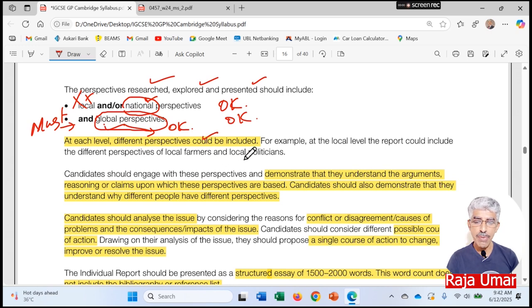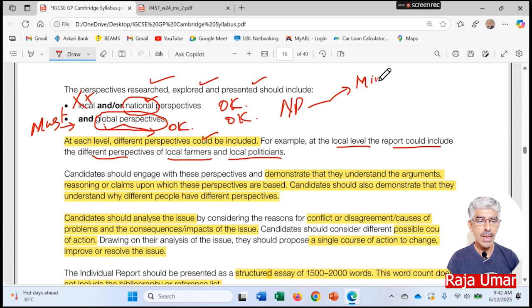At each level, different perspectives should be included, right? For example, at the local level, the report should include the different perspectives of local farmers and local politicians. If we talk about the national perspective regarding this same issue, you are supposed to explain the Ministry of Food and Agriculture's perspective, what is said by it and what is said by the organization of farmers.